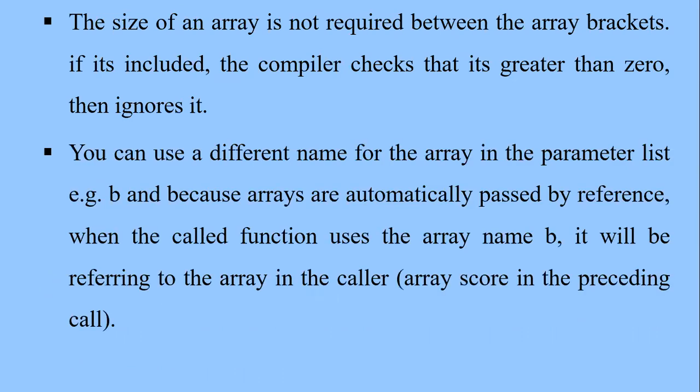You can use a different name for the array in the parameter list, for example, b. And because arrays are automatically passed by reference, when the called function uses the array name b, it will be referring to the array in the caller, that is array score in the preceding call.